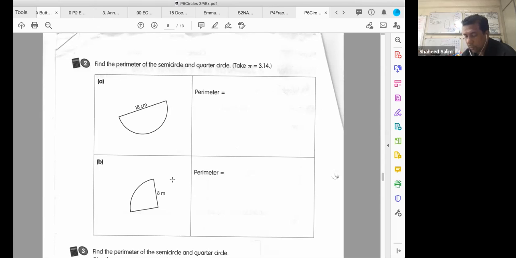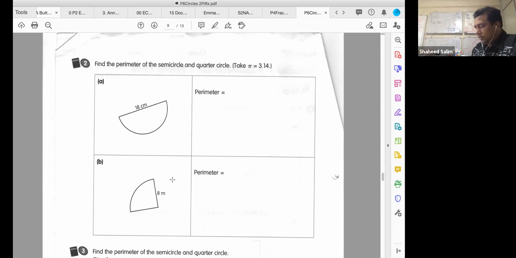Zahin, what's your answer for A? 74.52 centimeters. I'll check again. Sorry, that's not the right answer.